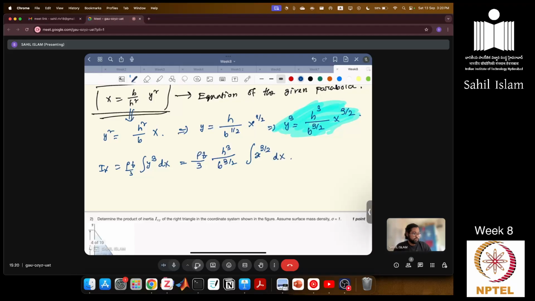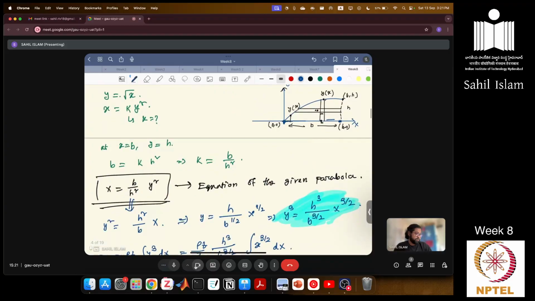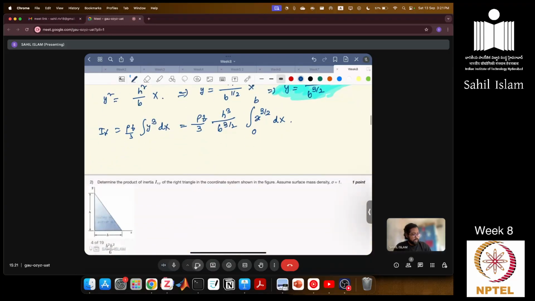Okay, now let's put the limit on x. x starts from 0 and goes till b. So rho t by 3, h cube by b to the power 3 by 2, and you get x to the power 5 by 2 by 5 by 2, from 0 to b, so 2 by 5.